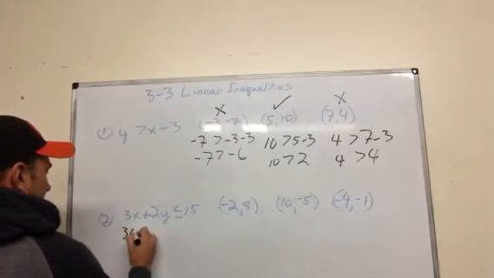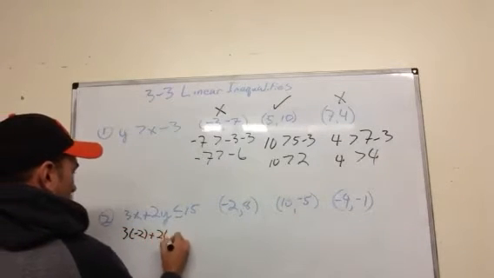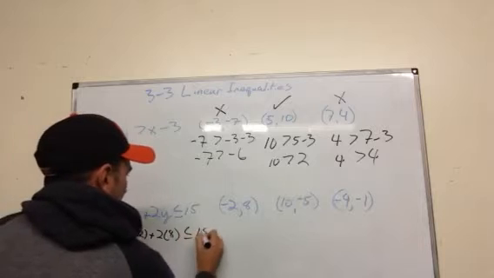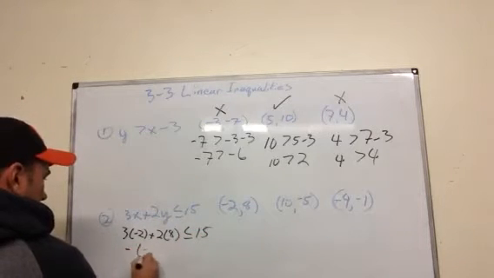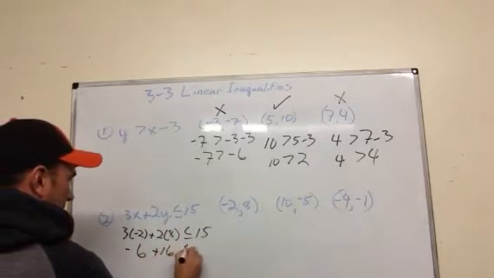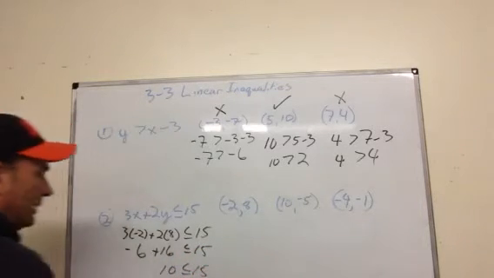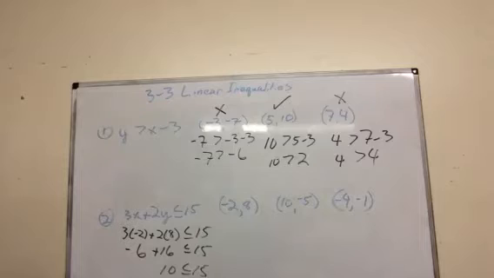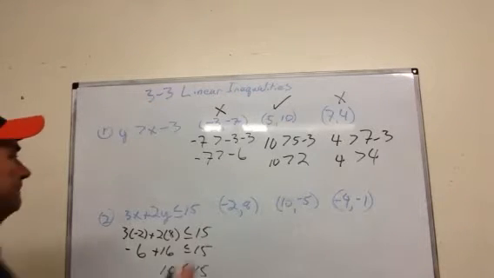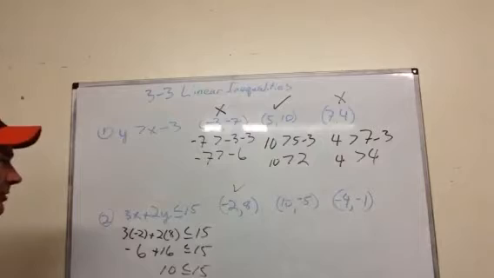So we have 3 times negative 2 plus 2 times 8 less than or equal to 15. Negative 6 plus 16. And we get 10 less than or equal to 15. Is this true? Yes, it is. So that one works.